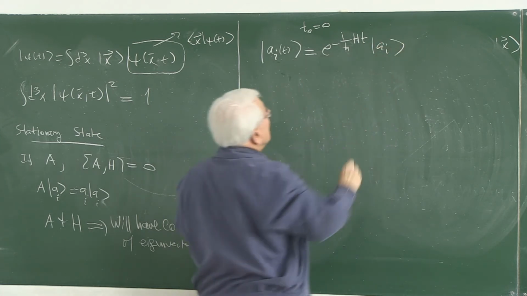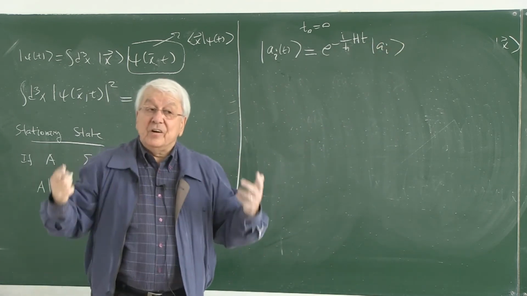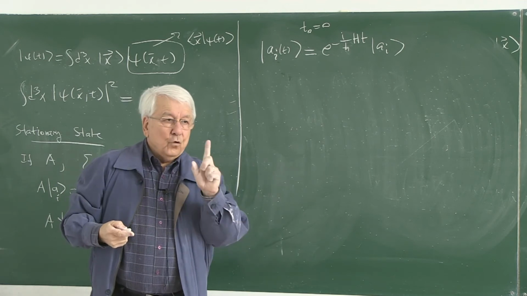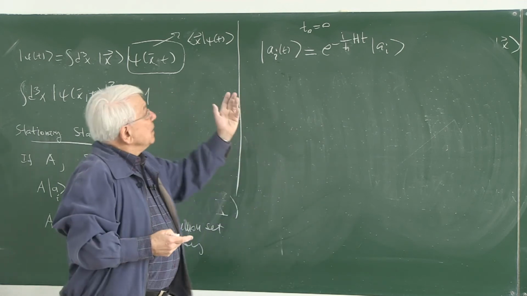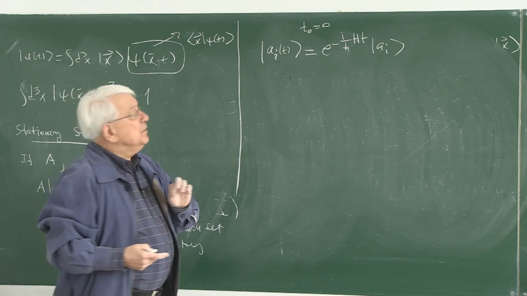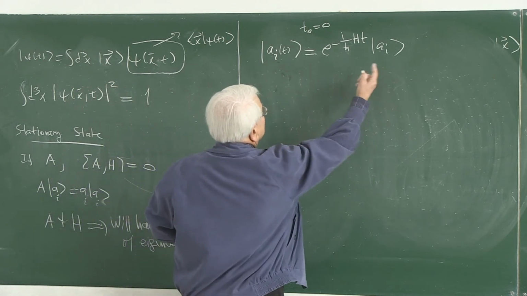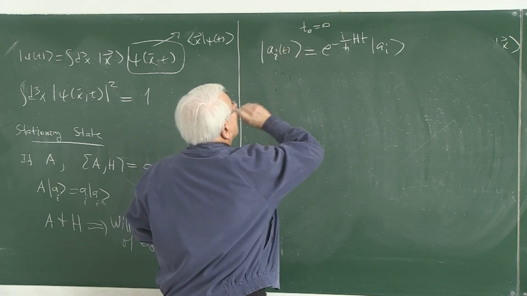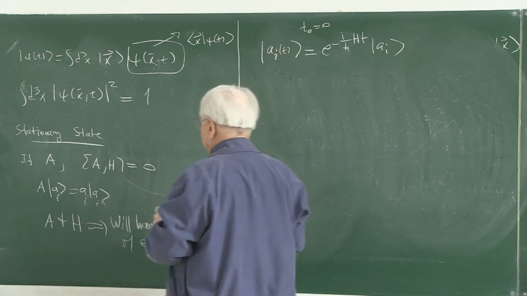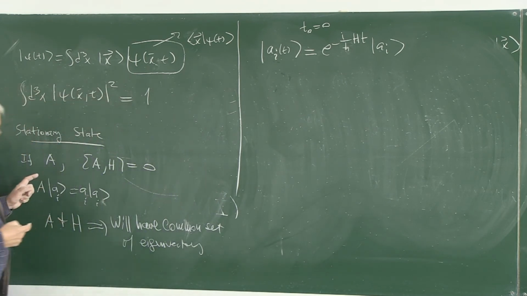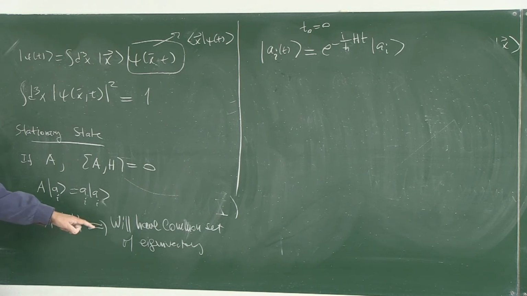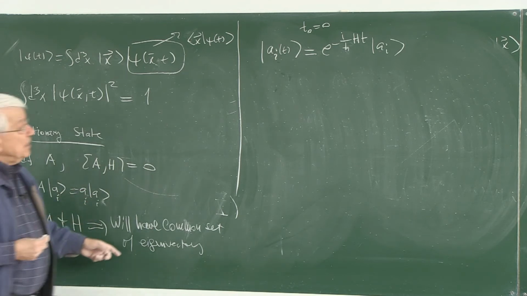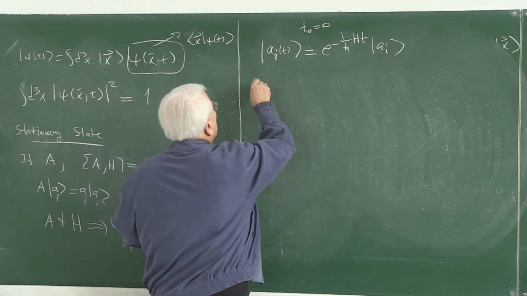Acting on a_i, right? This is how an arbitrary state evolves for time-independent H like that. Now the a_i are also common states, common eigenvectors of the H as well. But let's write that statement. What is H a_i?